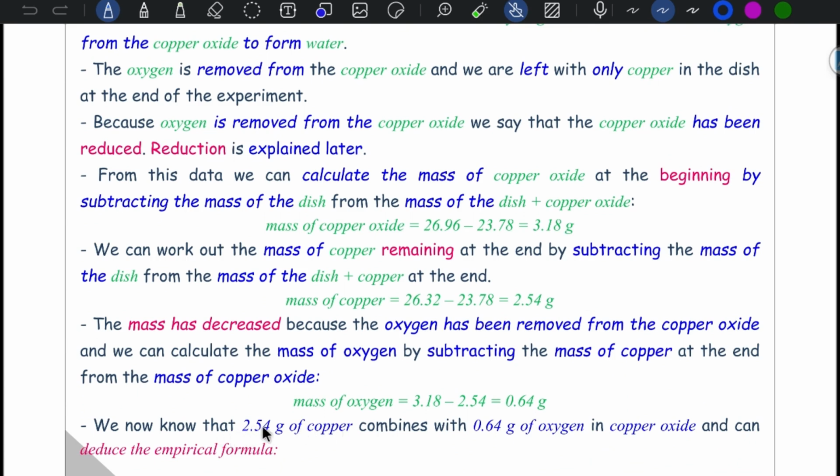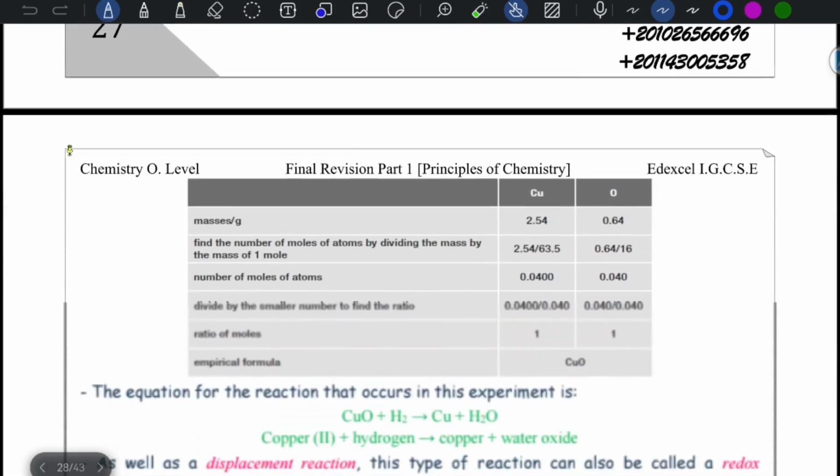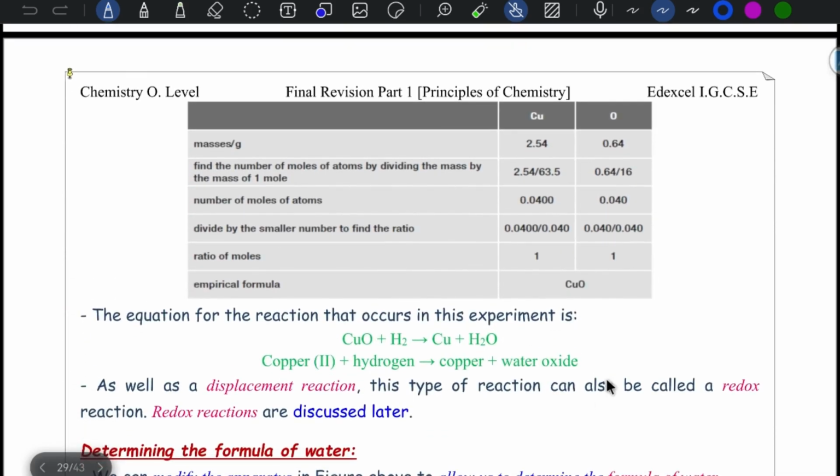So we have 2.54 grams of copper with 0.64 grams of oxygen in copper oxide. We can deduce the formula. Mass of copper and mass of oxygen divided by Ar, 63.5 and 16 in this case, gives 0.04 for both, and dividing by the smallest gives 1 to 1.